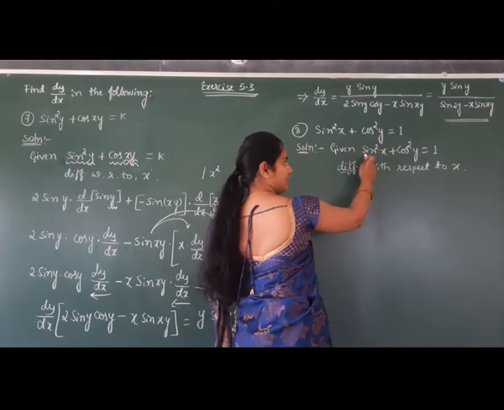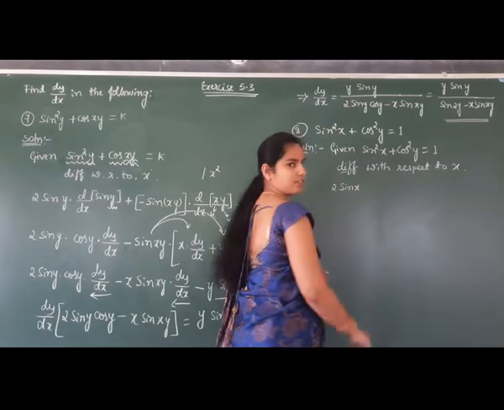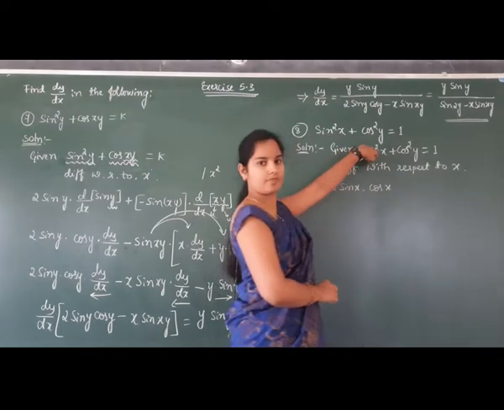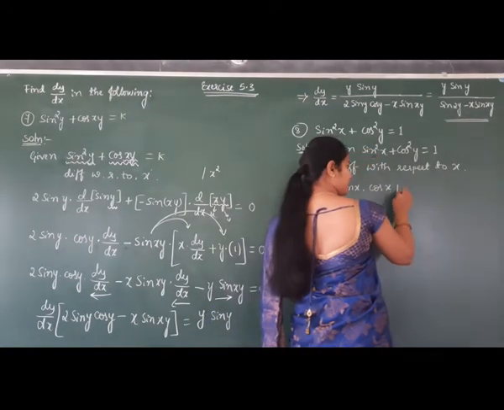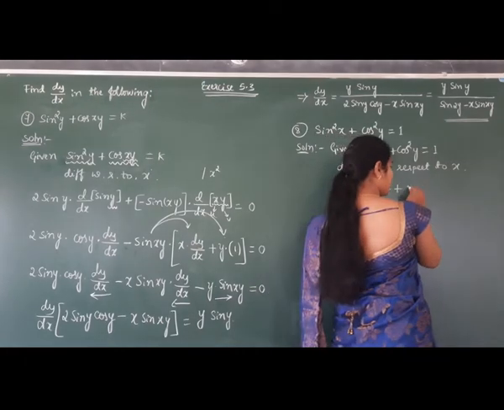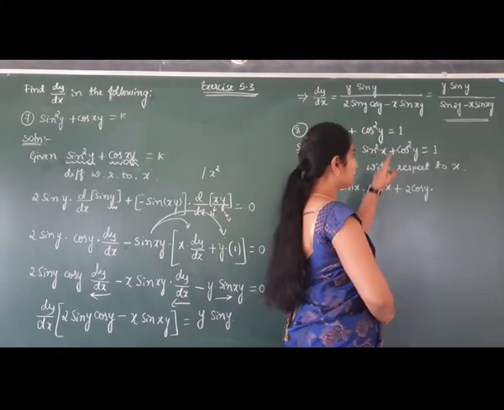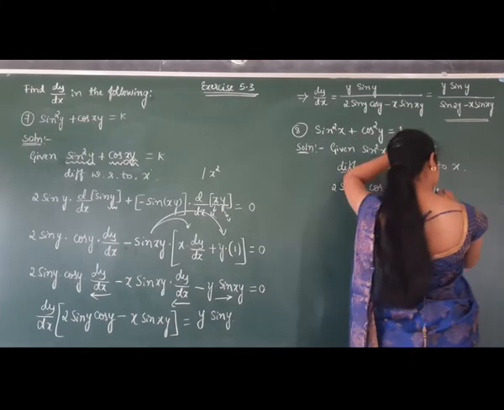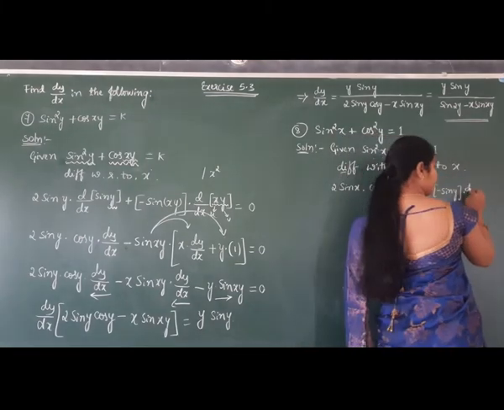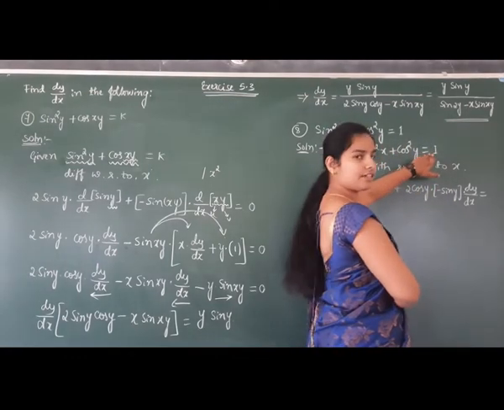Then we have derivative of sin square x is 2 sin x, again the derivative of sin x is cos x, plus derivative of cos square y is 2 cos y into derivative of cos y, which is minus sin y, into derivative of y with respect to x, which is dy by dx, is equal to derivative of constant, which is 0.